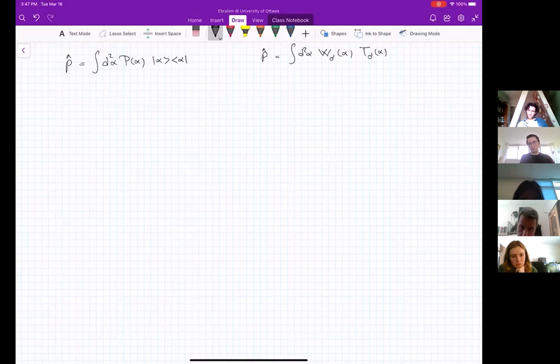For Wigner, sigma was 0. For Glauber-Sudarshan, it was minus 1. For Husimi, it was +1. So this is only for the case that sigma is equal to -1. Good. Now let us look at the photon statistics.